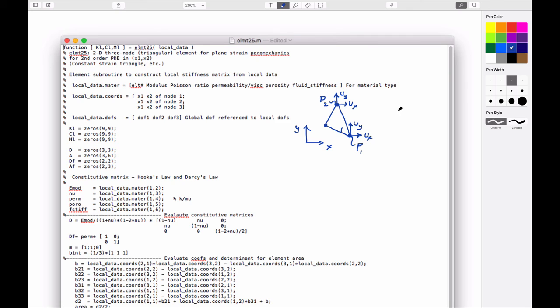So remember when we talked about just solid mechanics, then the stiffness matrix which would describe it would have displacements x and y, x and y, and x and y, just for displacement. And really what we're doing here is superposing that with an element that has a pressure at nodes 1, 2, and 3.